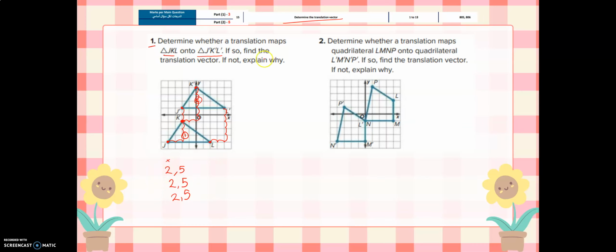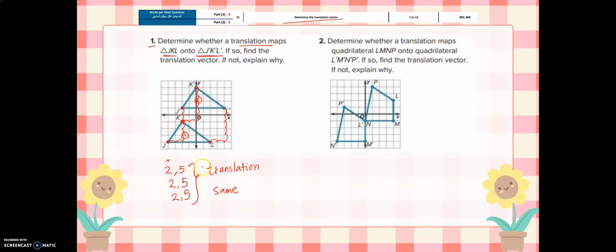That means the translation maps triangle JKL to triangle J'K'L'. Okay, so this is a translation. How? Because the translation vectors are all the same.